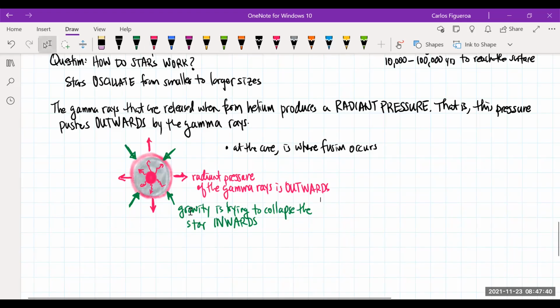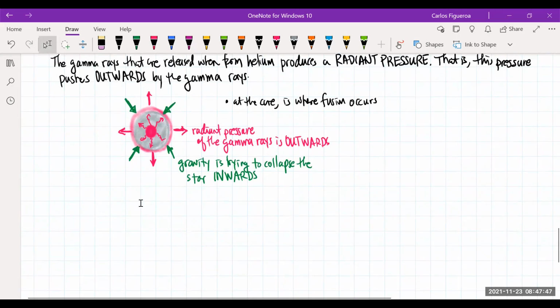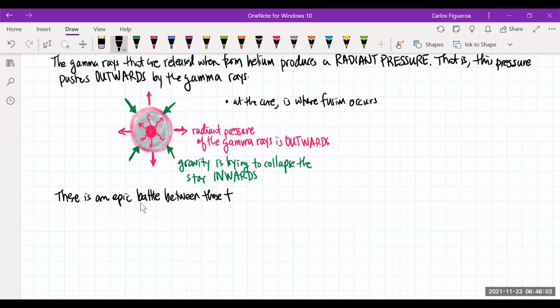So the question is, why does the sun or stars oscillate, right? And what we're saying here is that there is an epic battle between these two forces. And here's where the oscillation comes from.